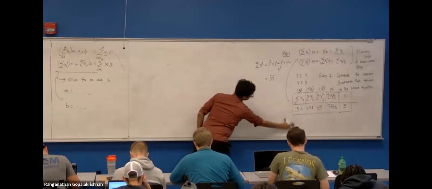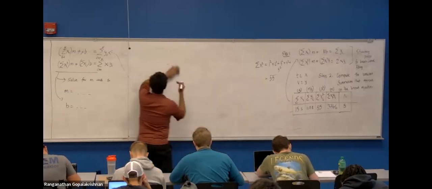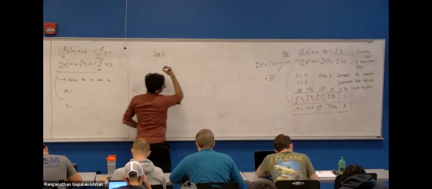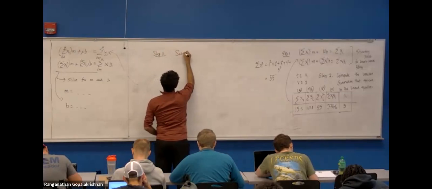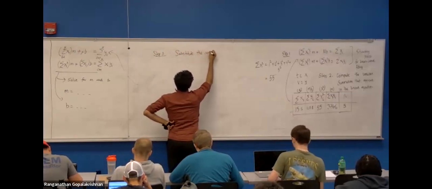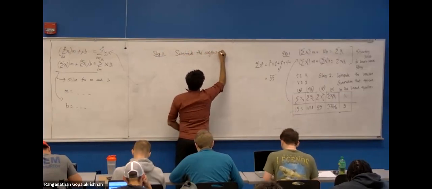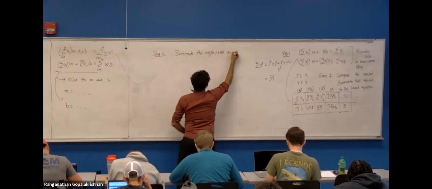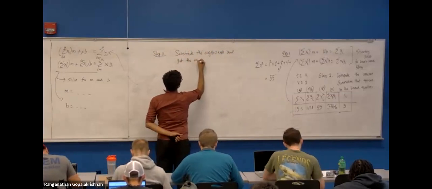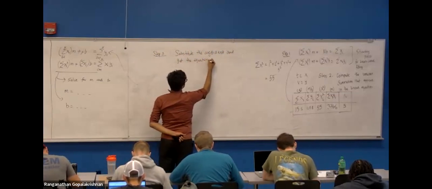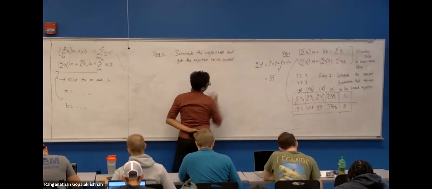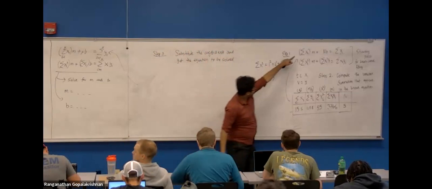So if I substitute back here, that is step 3. Step 3 is to substitute the coefficient and get the equation to be solved. What is that? What is sigma xi?